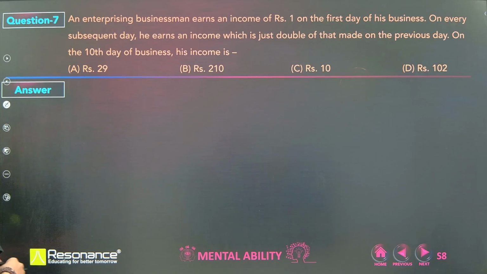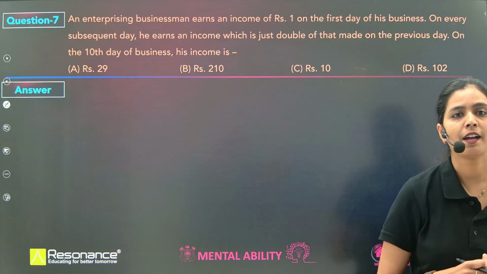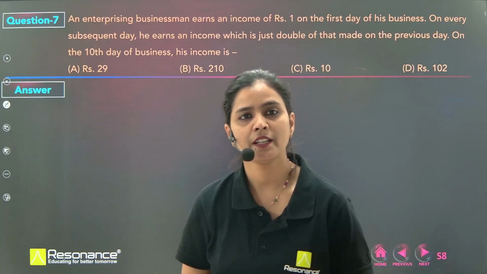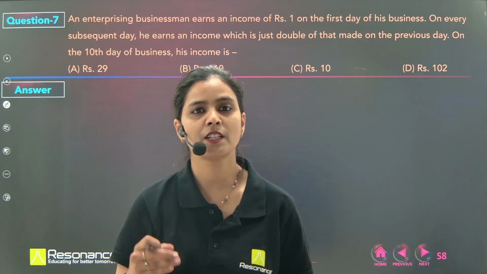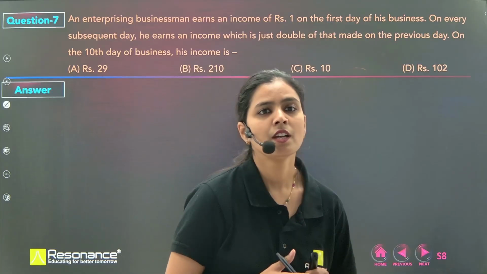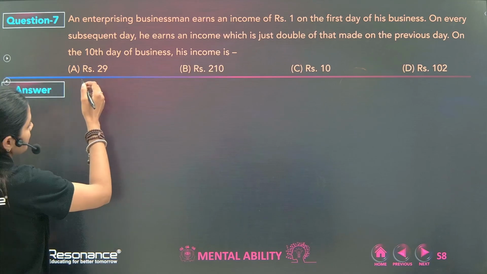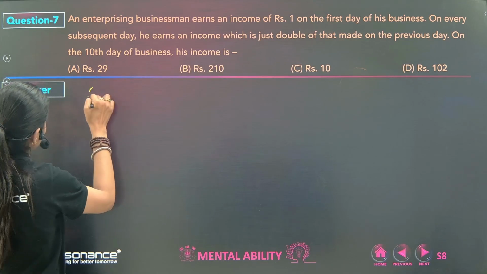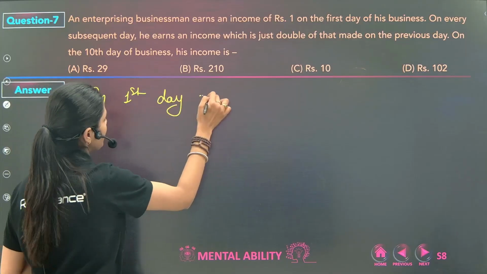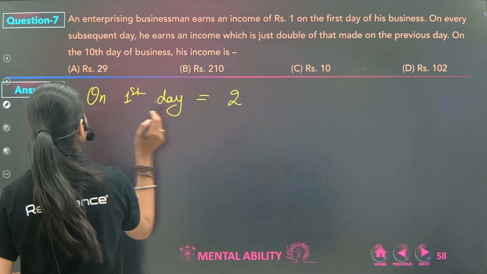An enterprising businessman earns an income of ₹1 on the very first day, and on every subsequent day, that means on every upcoming day, he earns an income which is just double of whatever he made on the previous day. If he is doubling, then on the first day the income was ₹1.